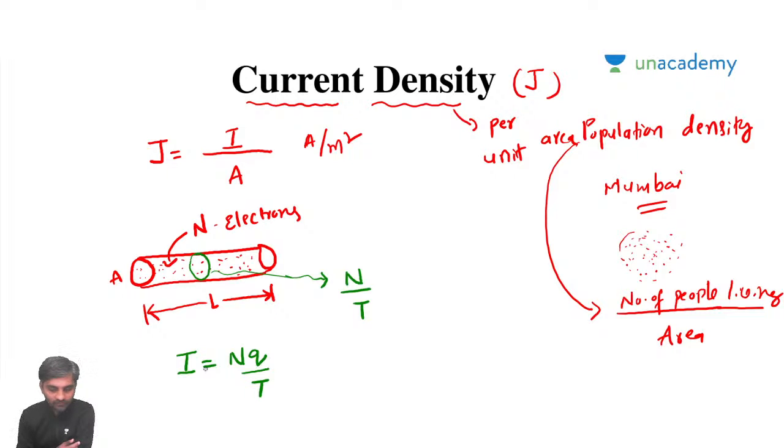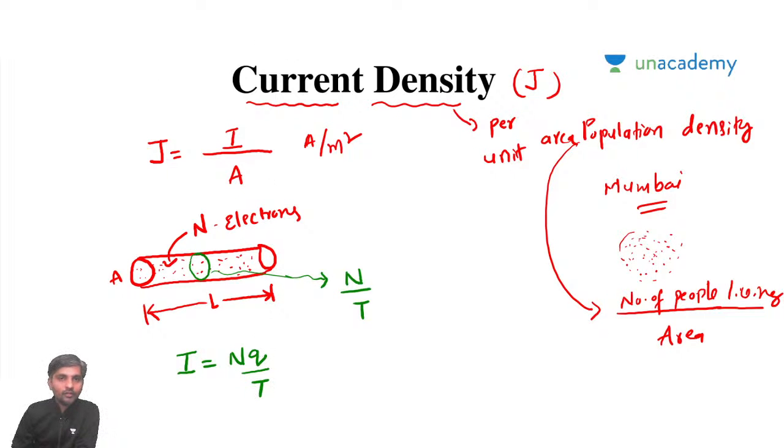Understand this very clearly, which is very important. So I is equal to Nq by t. What is I? I is the current. N is the number of electrons, q is the charge of each electron, and t is the time.